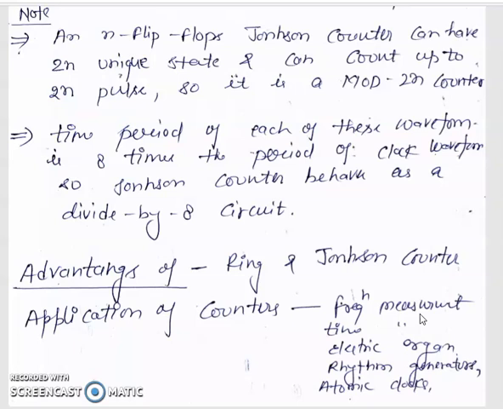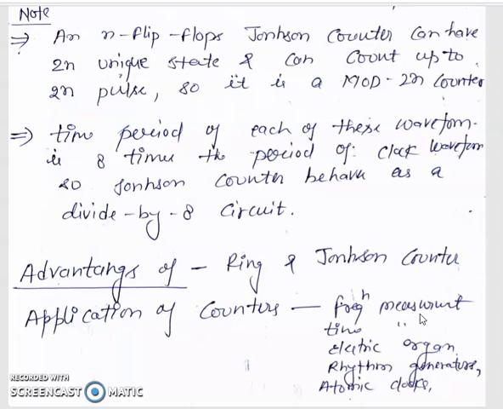The normal output of the last flip-flop, that is Q, is connected in a feedback loop to the first flip-flop. So it is the ring counter. And in the second case, the Johnson counter or twisted counter, because it uses Q bar, that is the inverted output of the last flip-flop, connected to the first flip-flop. So it is called a twisted or Johnson counter.